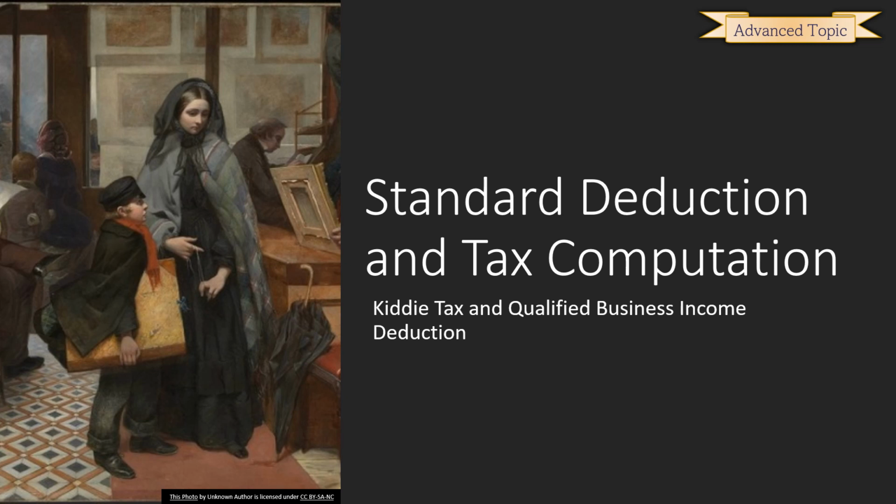This time we're going to talk a little bit about Kiddie Tax and the Qualified Business Income Deduction, which is not exactly the standard deduction, but it is one of our other so-called below the line deductions, and the line refers to adjusted gross income. So these deductions come after we've gathered together our income and subtracted out our adjustments.